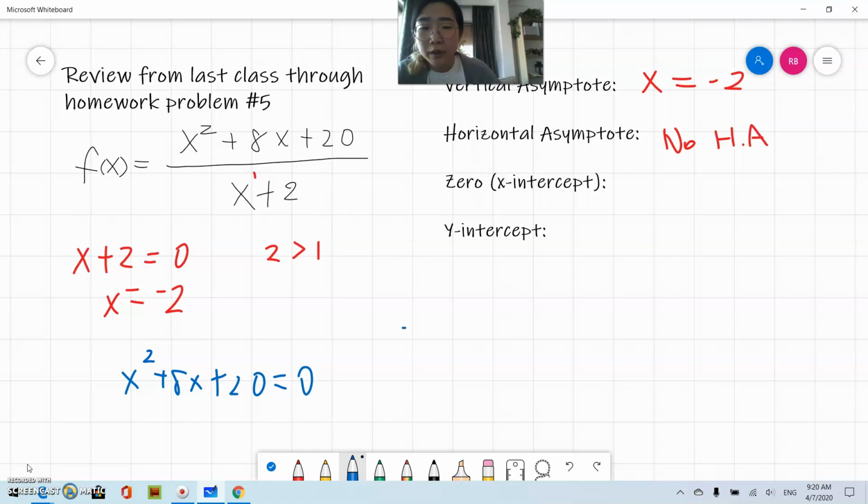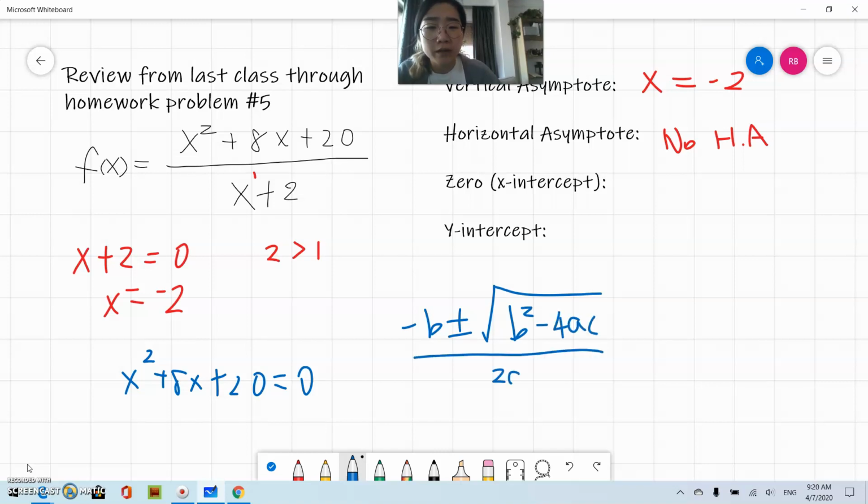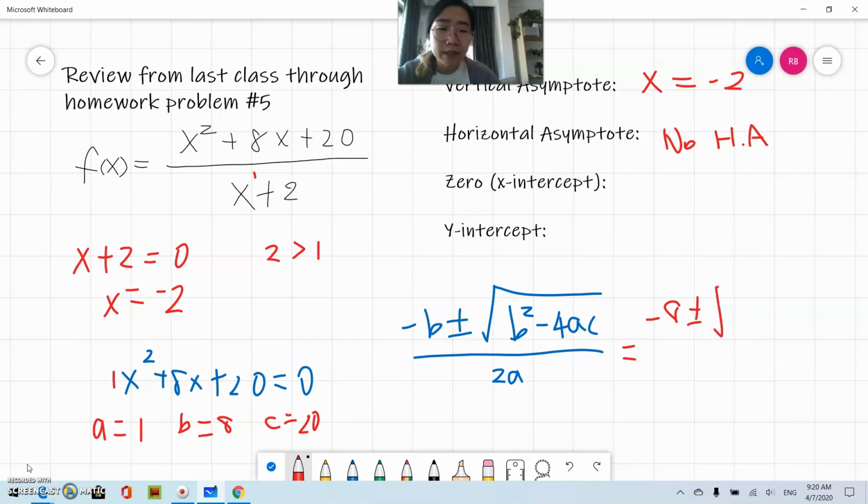The quadratic formula goes: negative b plus or minus the square root of b squared minus 4ac, over 2a. So a in this case is 1 because it's 1x squared, b is 8, and c is 20. So negative 8 plus or minus the square root of 64 minus 4 times 1 times 20.